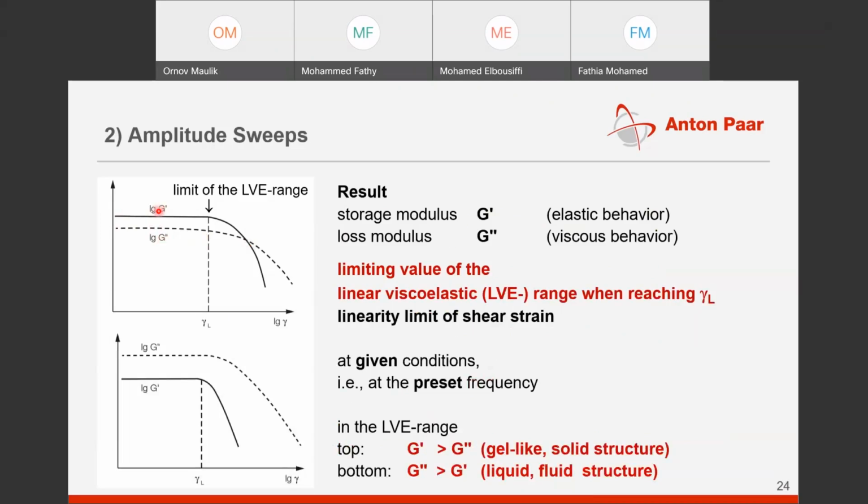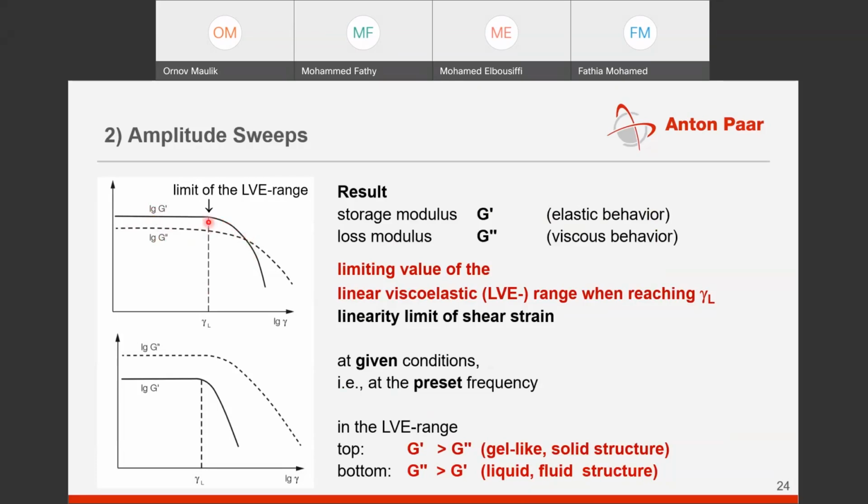That would suggest that at lower deformations, the sample is acting more like a solid, and as you increase the deformation, after a certain point, you would see that the G prime curve is moving towards G double prime, and after a certain point, there will be a crossover.